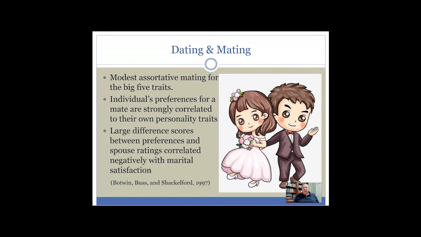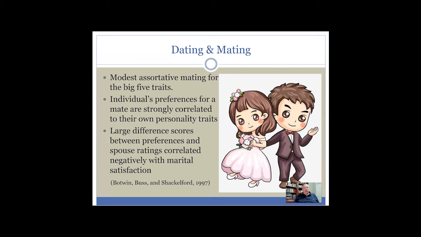Now, the 5-factor model has been used in a variety of areas. In my own research with David Buss and Todd Shackelford, we investigated dating and mating in the 5-factor model. We used samples of dating couples and newlywed couples, and we found modest assortative mating for the big 5 traits. Assortative mating is the notion that people are attracted to each other based on similar characteristics.